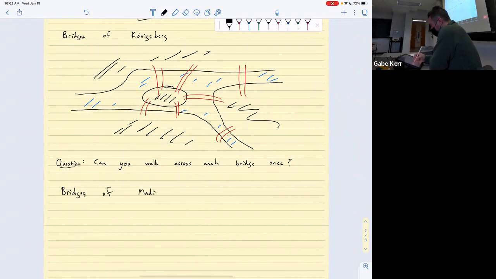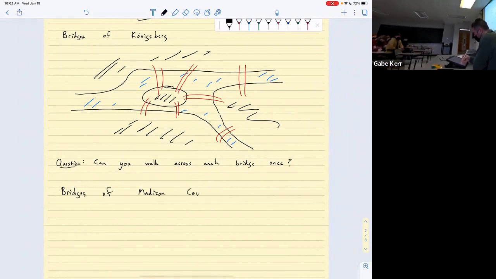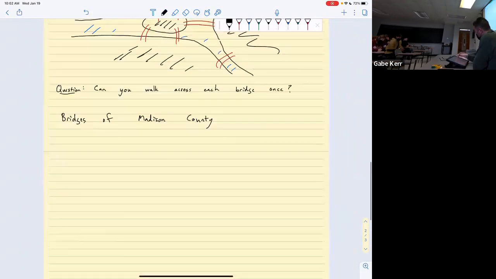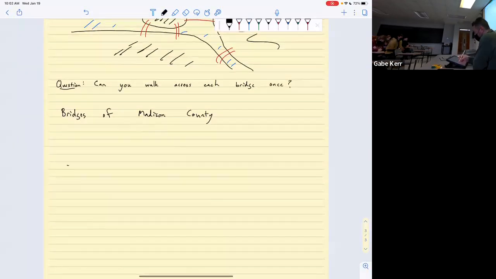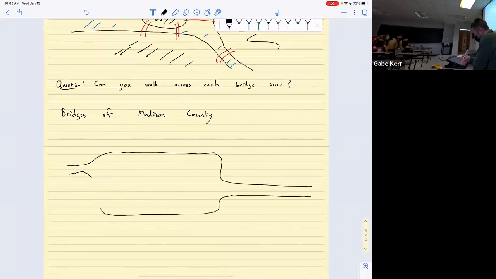Madison County has a really small island.